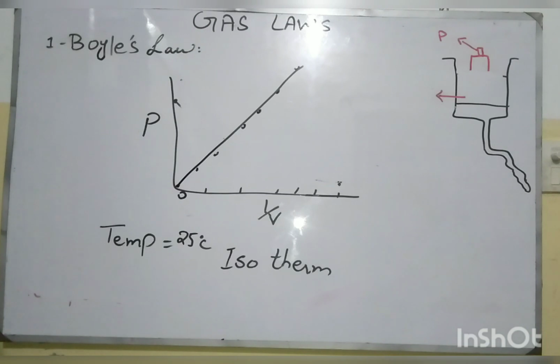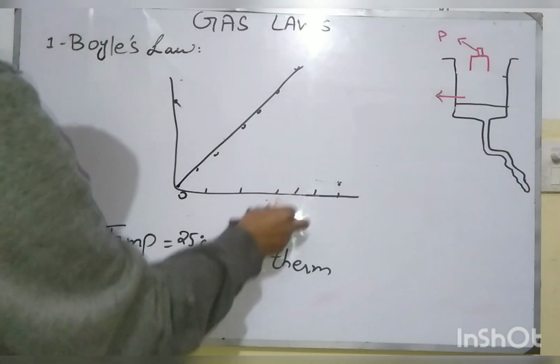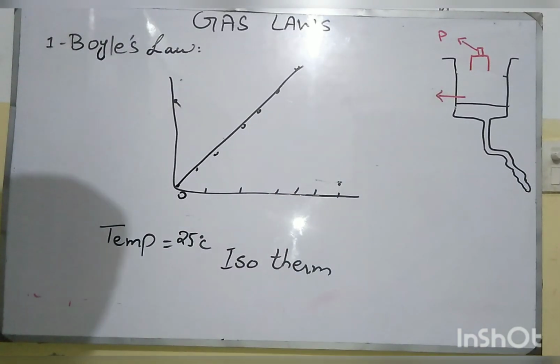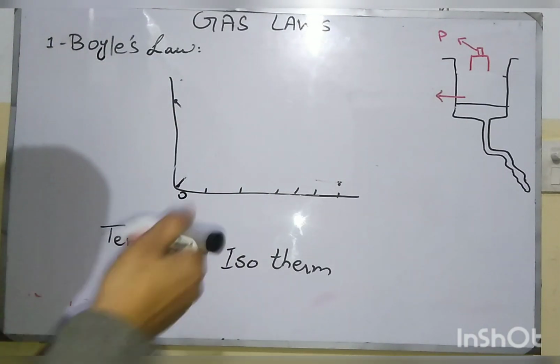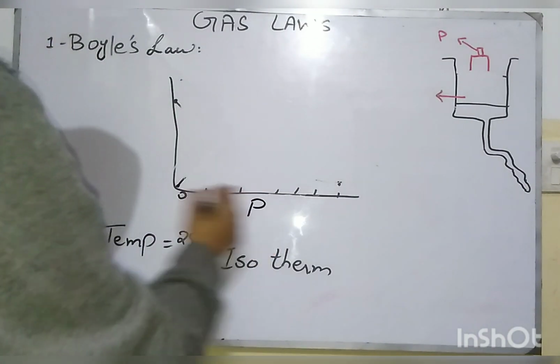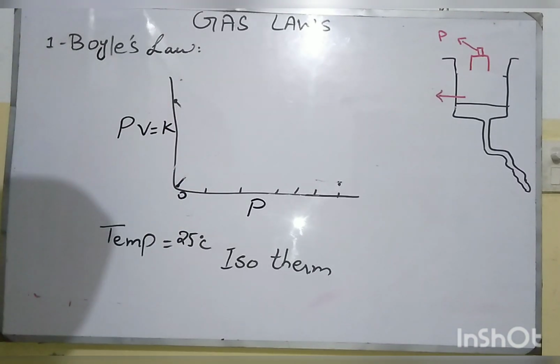Now if we talk about the third case, in which we are taking pressure on the x-axis and the product PV, or constant K, on the y-axis, then what will happen? You know that PV is a constant quantity. So it means that by increasing pressure or volume, the product will be constant.